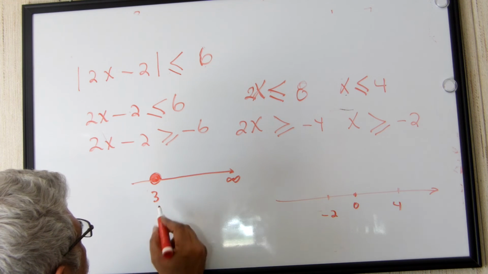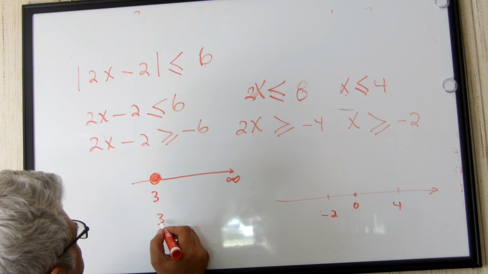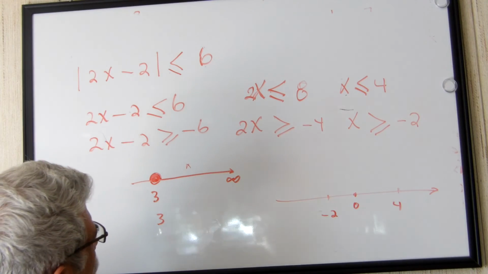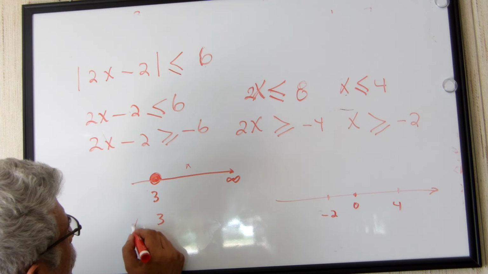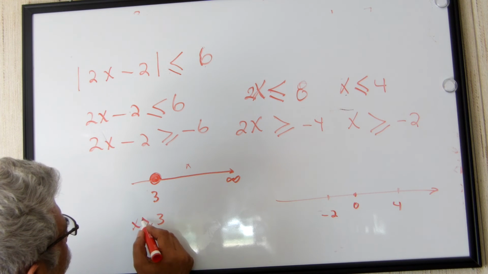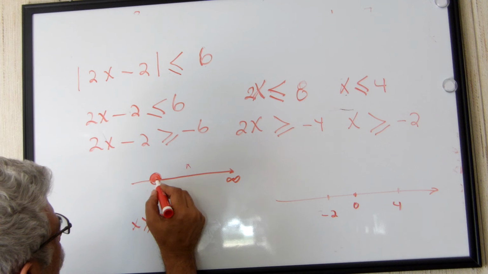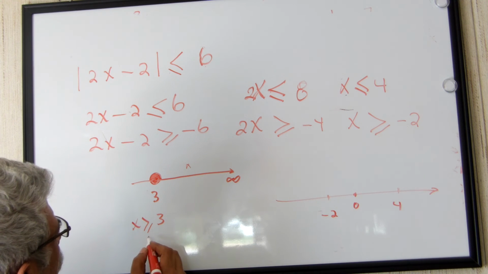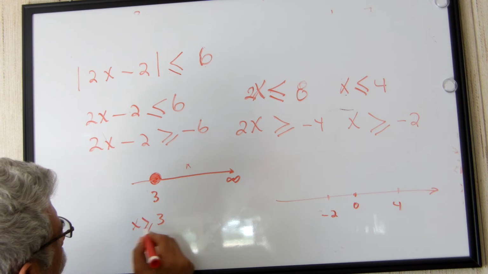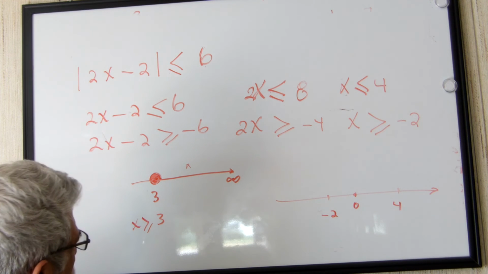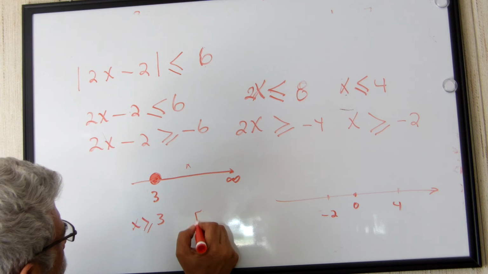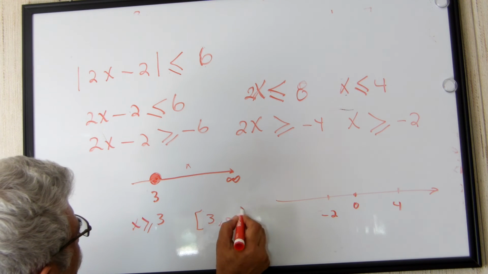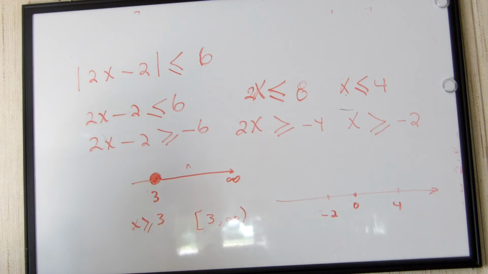We are talking about x being larger than or equal to 3. This is going to be a closed circle because we have the equal sign. The sign is included. So whatever the numbers are, the interval is from 3 up to plus infinity.